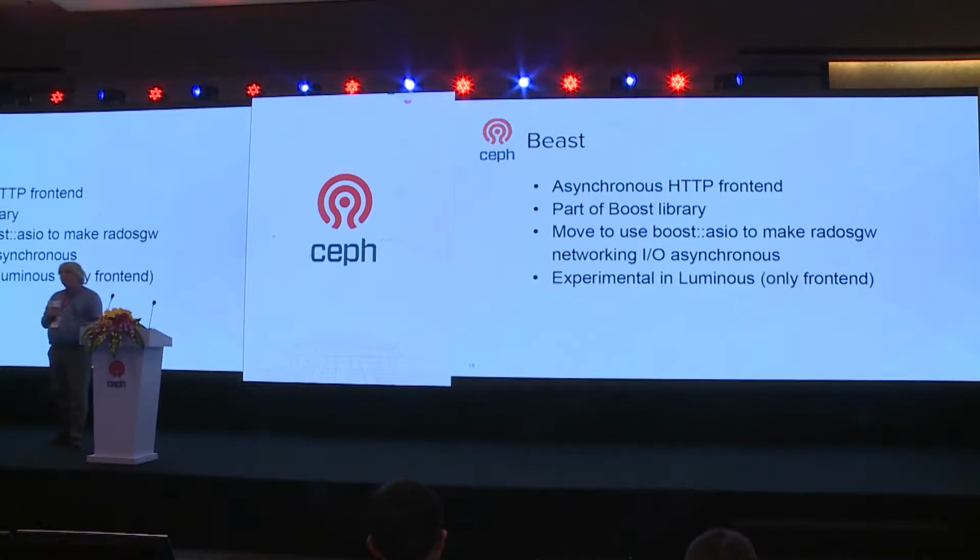The intent here is to scale the connection density on the front side, but as well to reorganize, in a somewhat similar but less ambitious way to the efforts to refactor the OSD, the internal request processing pipeline of RadosGW to be more efficient.